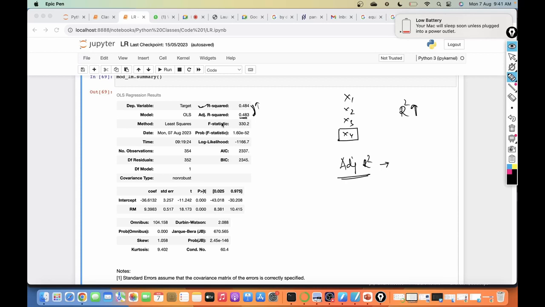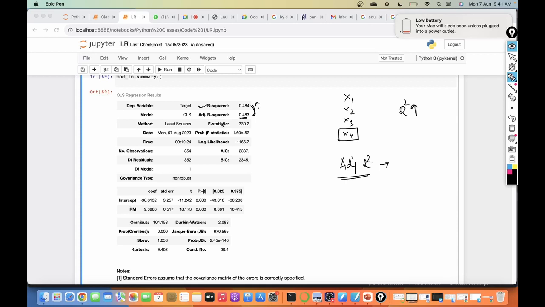It is not a contributing variable. If you're adding one more column and adjusted r square is decreasing as compared to the r square, it means that variable is not a contributing variable. You should think to remove that variable. That type of concept this provides us.